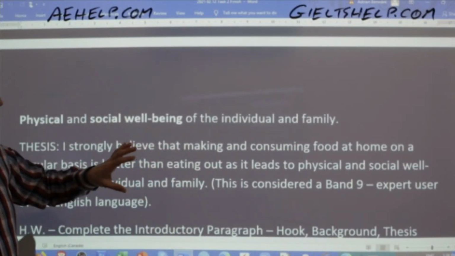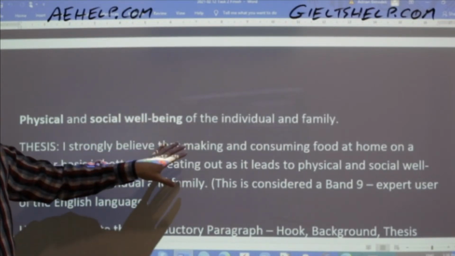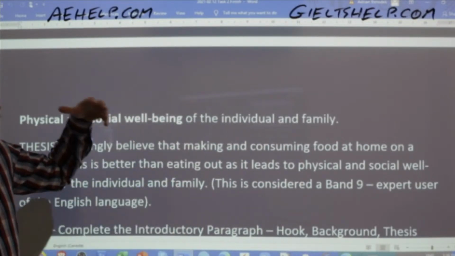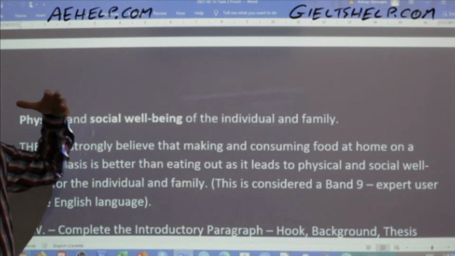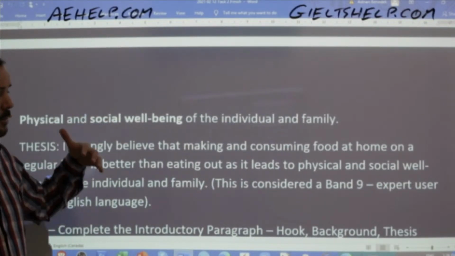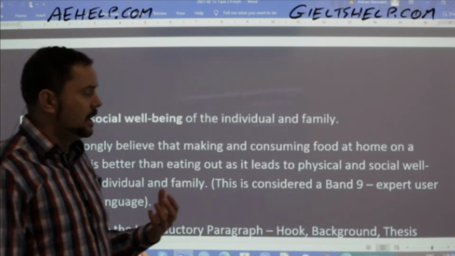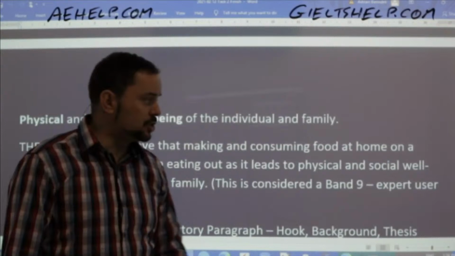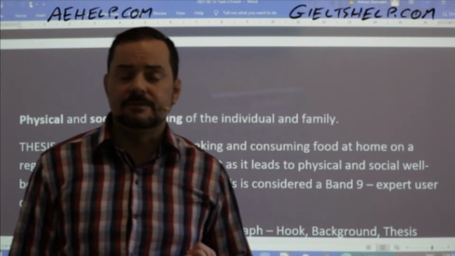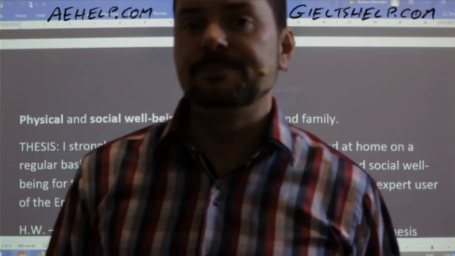So here is the thesis statement. It has 2 clear points. That one, when we make and eat food at home, we create and maintain a physical and a social quality of life, so quality of being, okay?